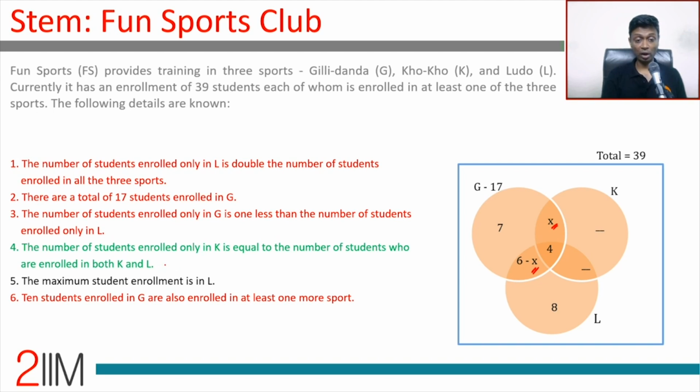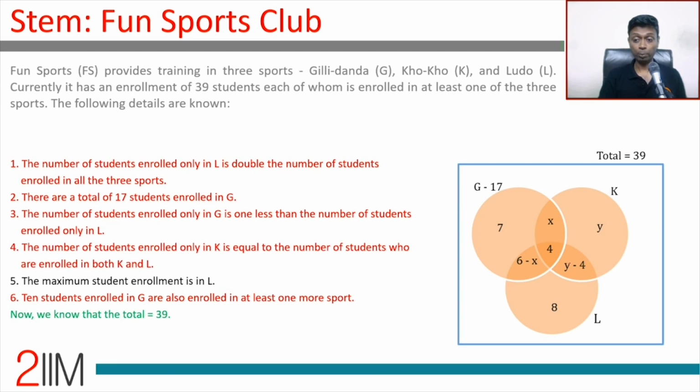The number of students enrolled only in K is equal to the number of students who are enrolled in both K and L. So if we put this number as say Y, this will be Y minus 4. These two, Y minus 4 plus 4, add up to Y. So this is Y, this is 4, this should be Y minus 4.